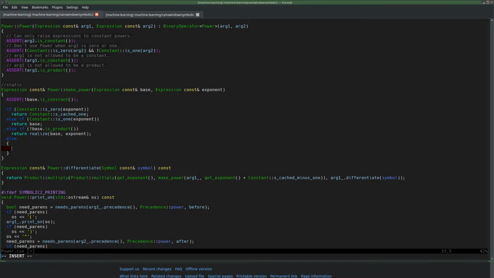Otherwise, I must do a multiplication, I think. I don't know what else happens, so just make the most general thing. Multiply.